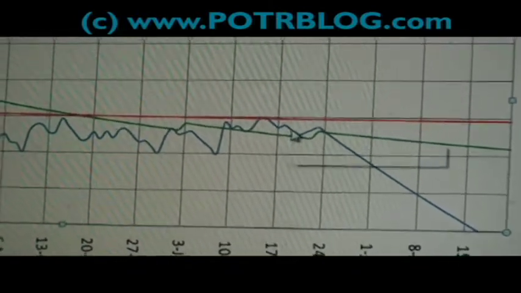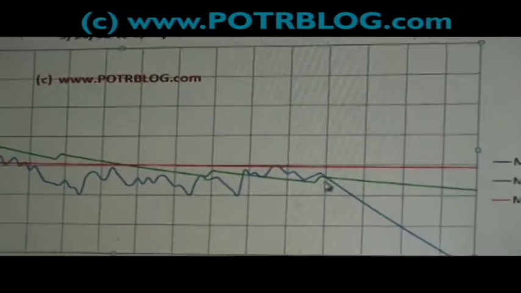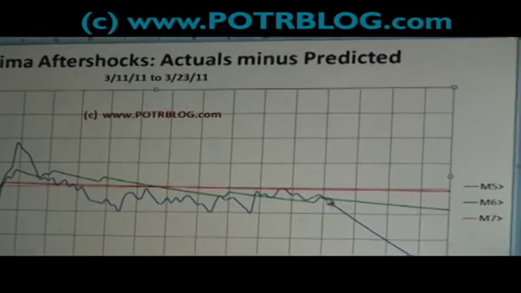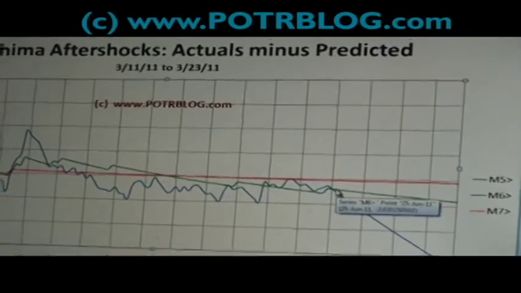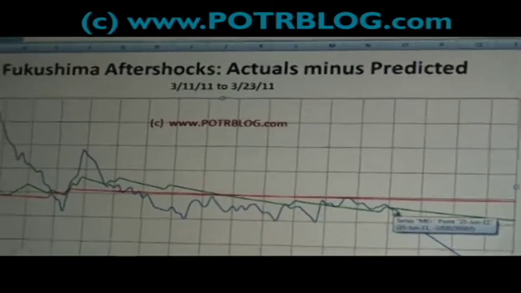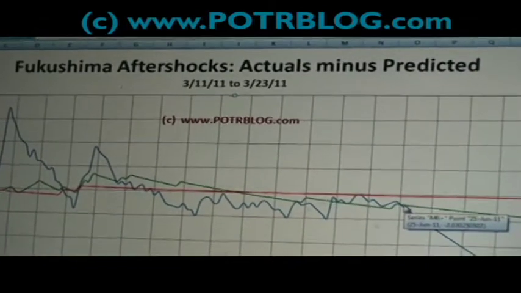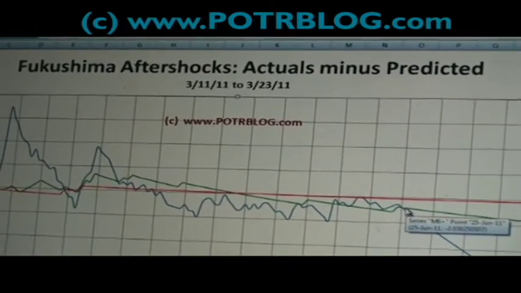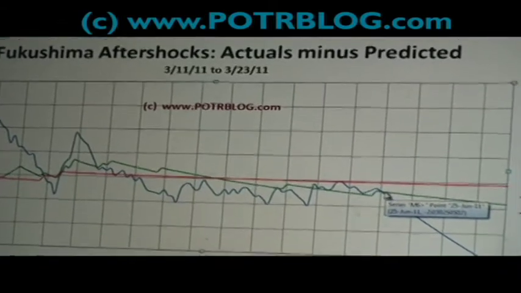So this has current data up until the 24th, and you can see even with this magnitude 6.7 quake we had, we're still down. We're still short 2 magnitude 6 quakes for the day.